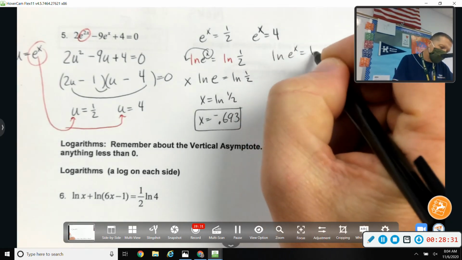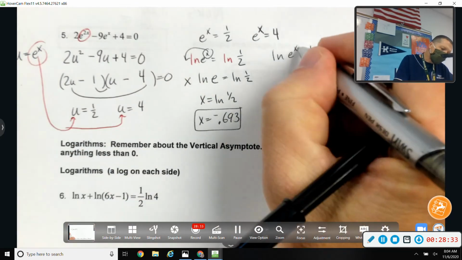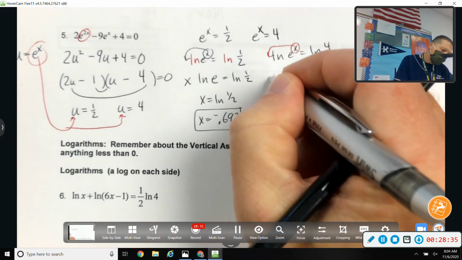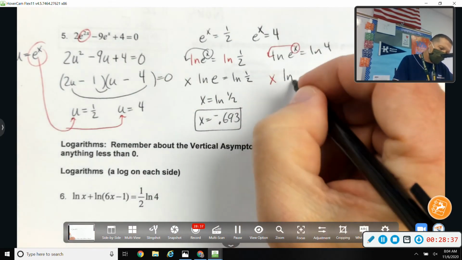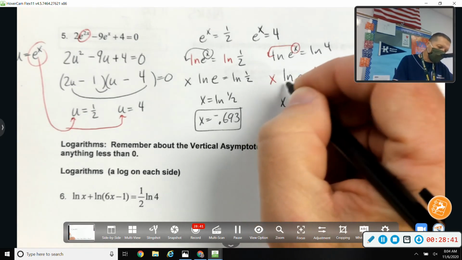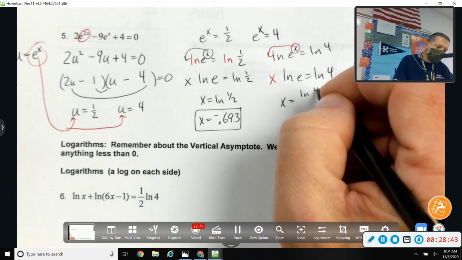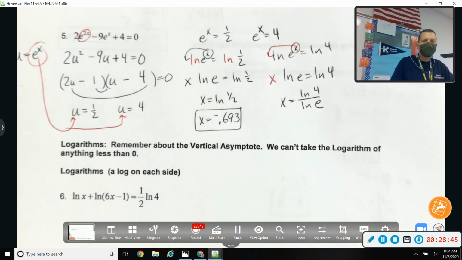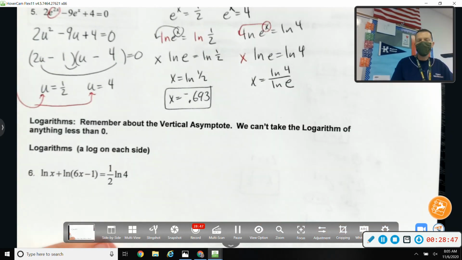Again, we're natural logging both sides to get that x out of the exponent. And natural log of e is 1, so even if you don't know that and you type it into the calculator, you'll still be fine. The calculator knows what the natural log of e is.